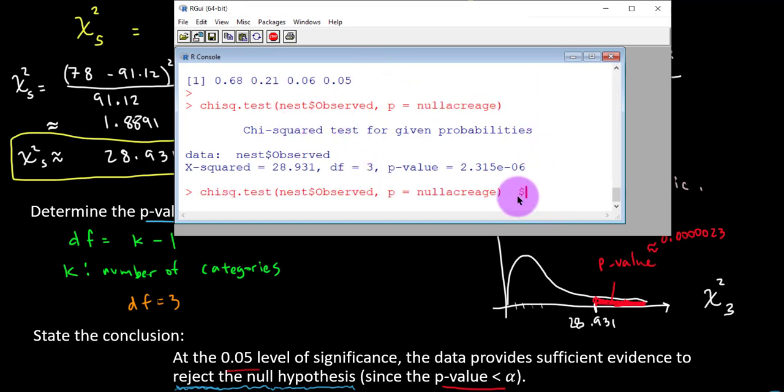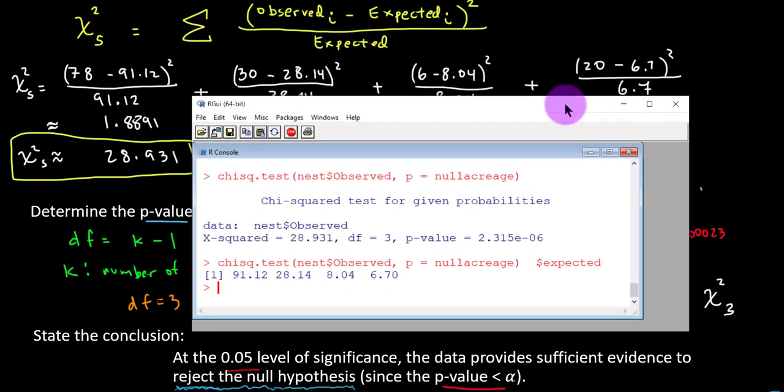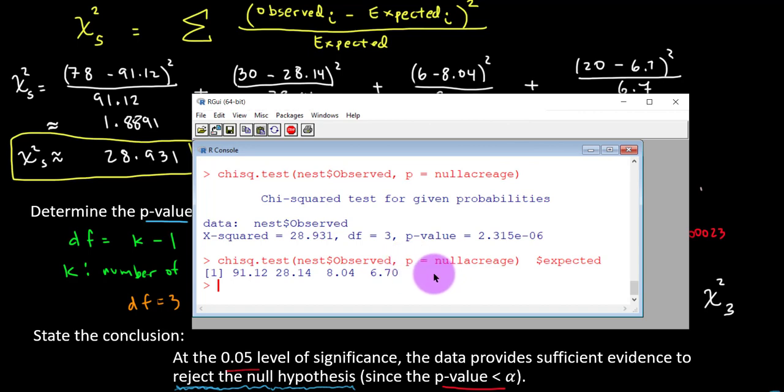If I just go $expected, it's going to output our expected values. Those hopefully look familiar. I think I can get them displayed there. Indeed. I could even use R to determine those chi-square contributions.